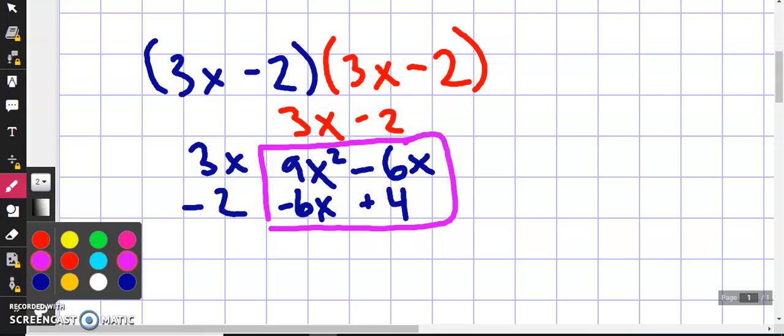So as we've seen before, the x squared does not match with anything else, so the 9x squared will come out. If I see negative 6x minus 6x, the x's will combine to negative 12x.